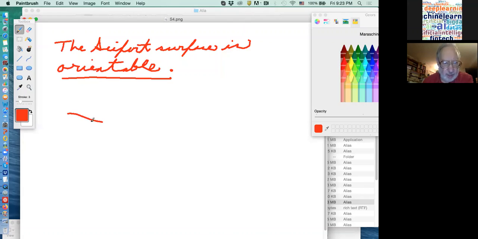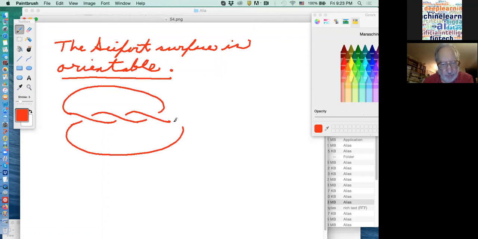Let's look again at another version of it for the trefoil knot. That will underscore this point. Now I've drawn it in such a way that the two disks are very apparent. All right, here's one of the disks.